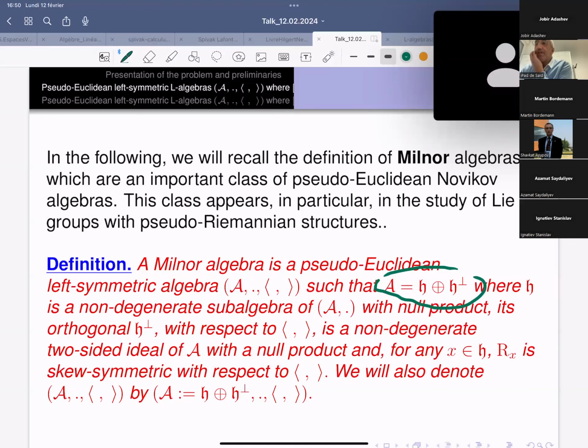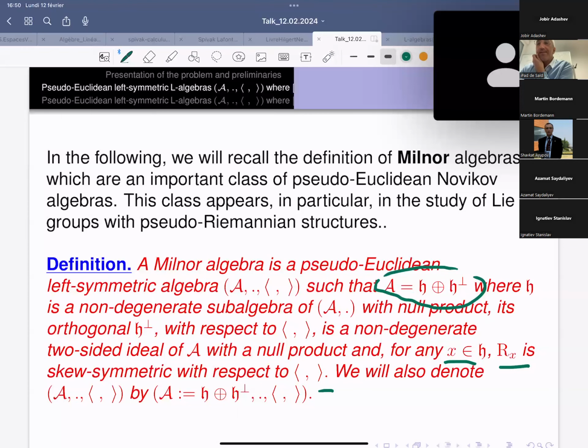H is a non-degenerate subalgebra with nil product, and its orthogonal with respect to this scalar product is a non-degenerate two-sided ideal of R with the nil product for any x in H. In addition, we ask Rx to be skew-symmetric with respect to this one. Okay.